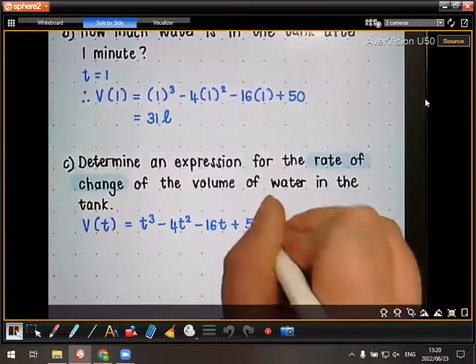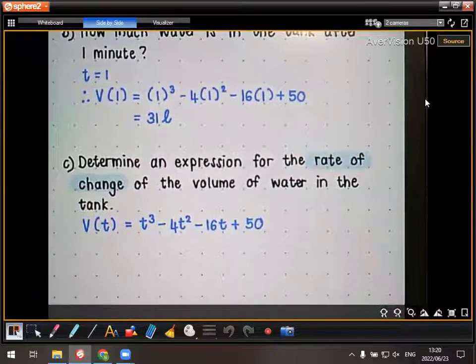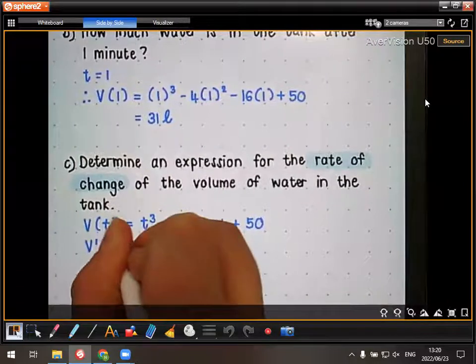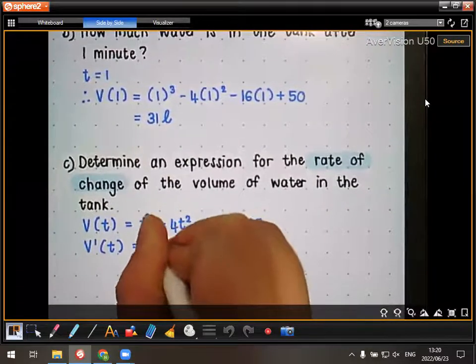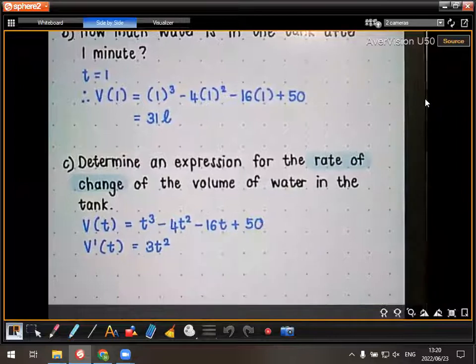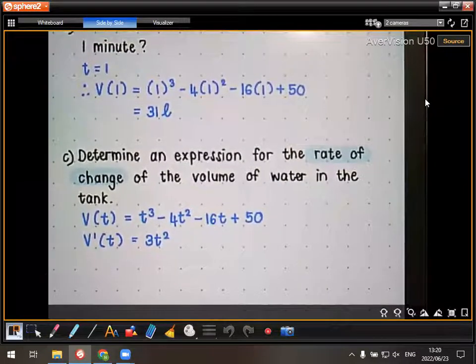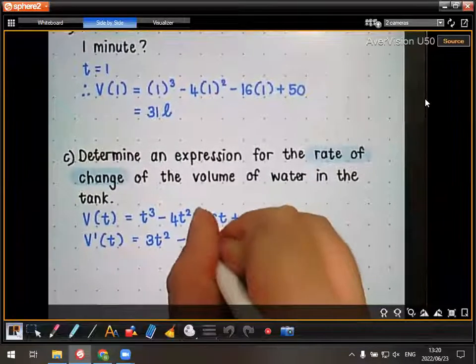So for rate of change, very easy, we're just going to find the derivative. Okay, so you can just write V dash of t is equal to, and now we must just find the derivative of each term, which I'm sure we all are fine with. The derivative of t cubed is 3t squared minus, what about 4t squared? What's the derivative of that? 8t, good.